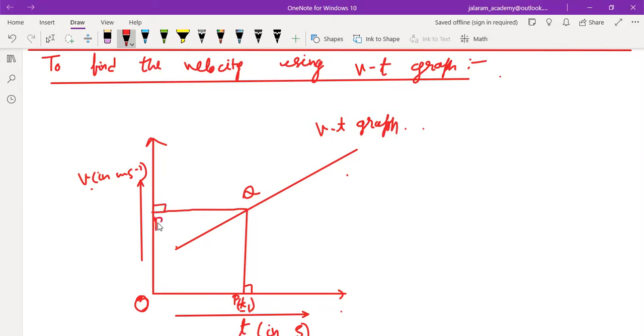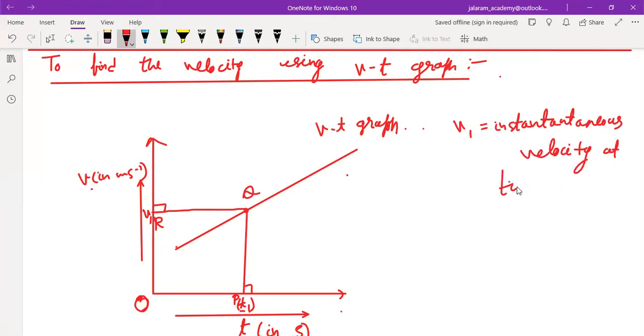The foot of the perpendicular drawn from velocity time graph to the velocity axis will show the velocity at that point, and actually it is the instantaneous velocity, as it is the velocity at the same point. So it is instantaneous velocity, not the average velocity, as this is the velocity at point t1, instantaneous velocity at time t1, which is an instant of time.